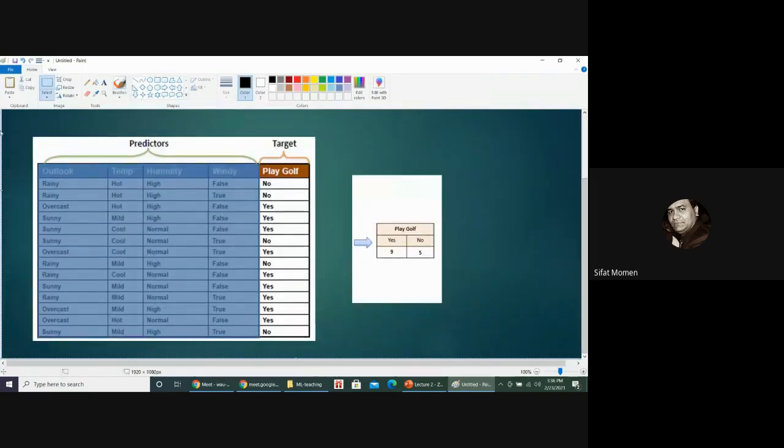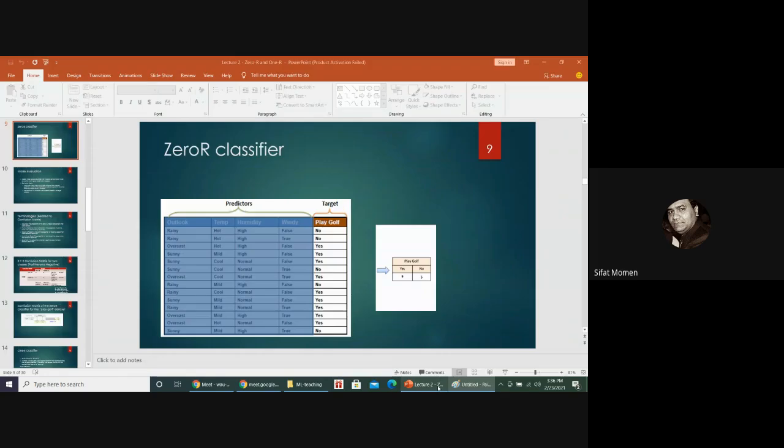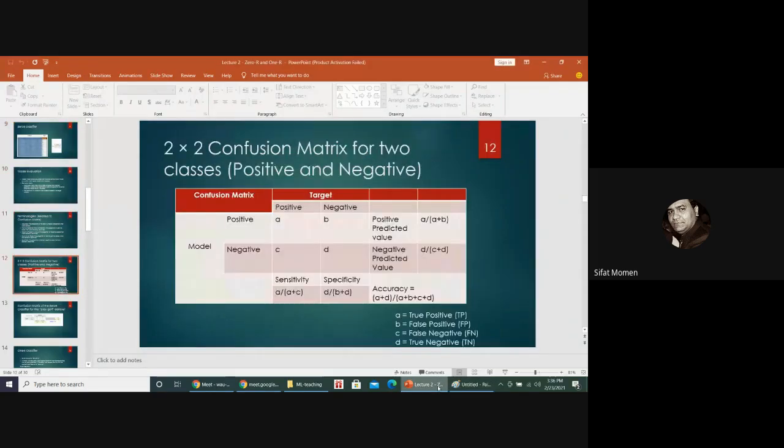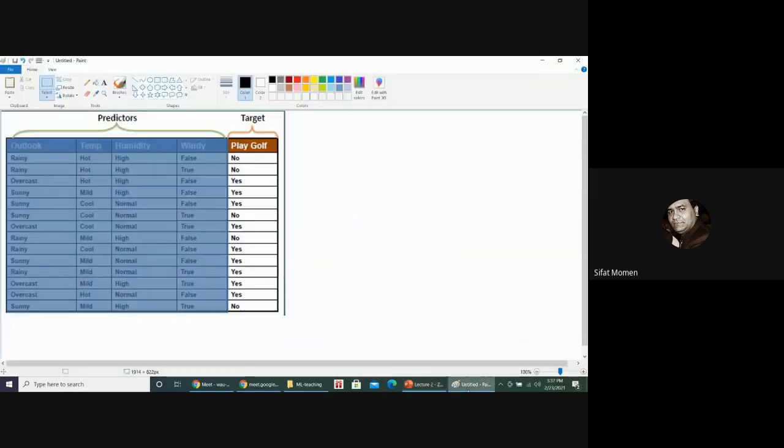I don't care about other things, I just need the data set, so I'm going to crop this part. So that's what we have. I'm going to use this data set to show you how to generate a confusion matrix. Remember, this is the confusion matrix for the ZeroR classifier.